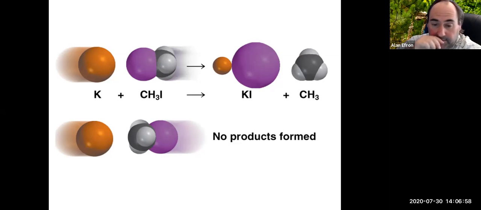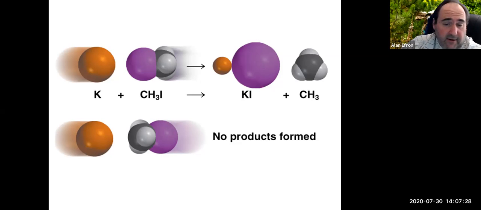As you see here in this picture, it demonstrates the idea that not all collisions will actually result in products being formed. So just two things running into each other isn't necessarily enough for a product to be formed. You have to meet those other minimum guidelines, if you will. You need to have that right amount of energy, and again, you need to have the right orientation of those guys bumping into each other.